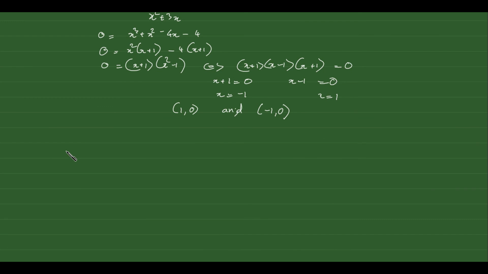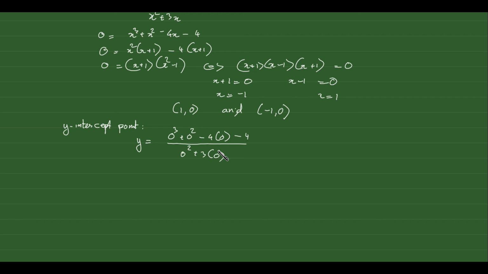Now we want to find the y-intercept point. In order to find the y-intercept point, you replace x with 0. So you have y equals 0 cubed plus 0 squared minus 4 times 0 minus 4, over 0 squared plus 3 times 0.